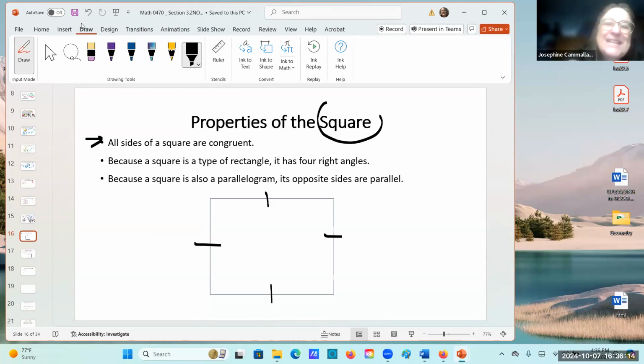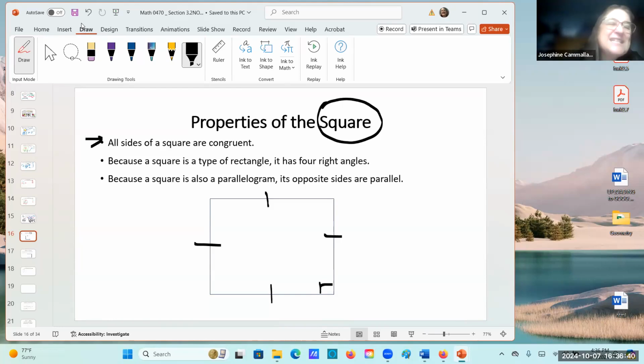But what makes this a square, not a rhombus, is a right angle. If this were a rhombus, the sides are going to be all the same, because in a rhombus, it's a tilted square. So all the sides are the same.